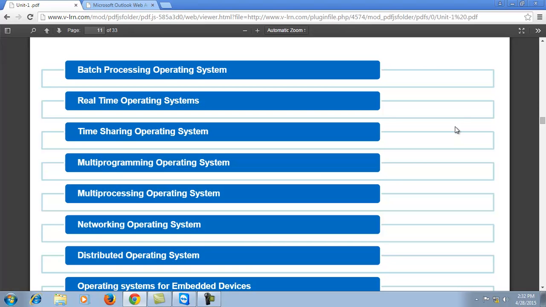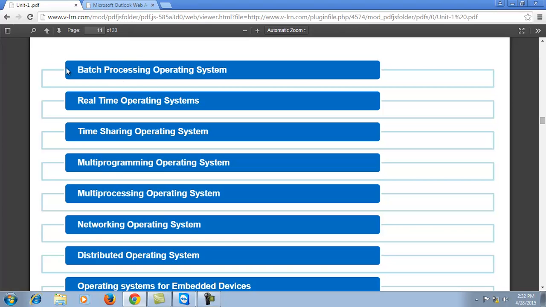First, the batch processing operating system. It is like a class conducted by a person for the BCA first semester, where all the students attend the class for the same subject at the same time. That is a kind of batch. We can say the BCA first semester batch.